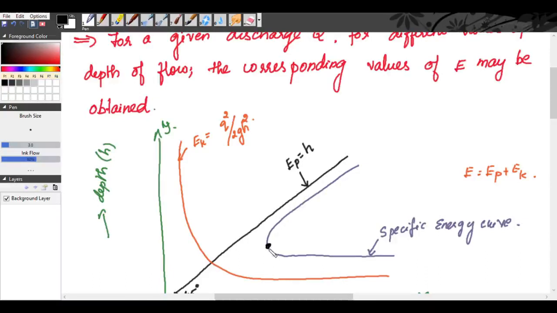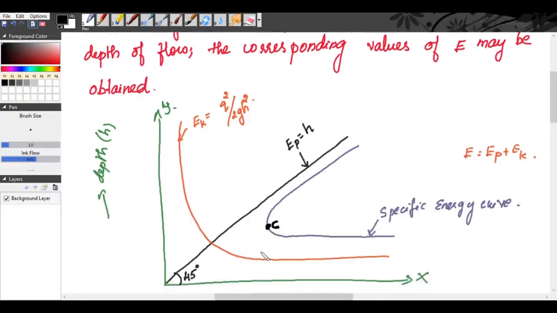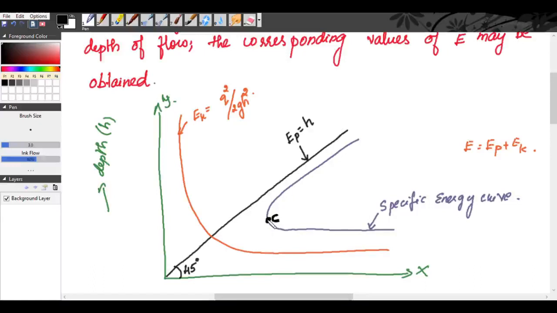So we will mark this point as C. This point C is called the critical point, and the depth at this critical point is called the critical depth, HC.